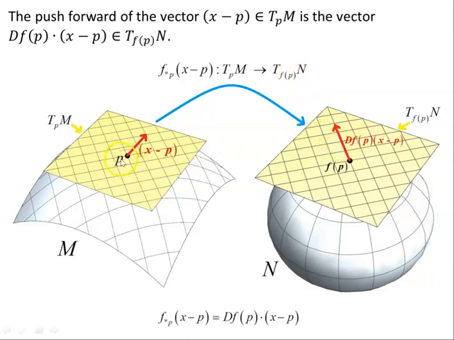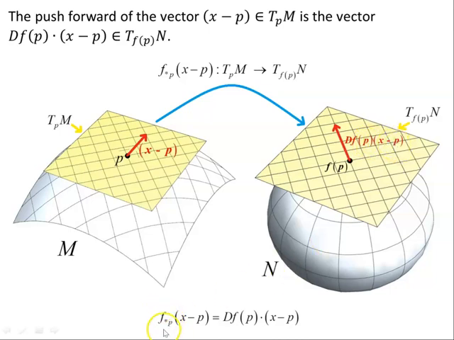So at point P we have some given vector, whatever it is, x minus p in this case, as we saw in the last video, and on the tangent space to N at the point f of p, it becomes this vector here, the Jacobian of the function f evaluated at the point P, times the vector concerned.